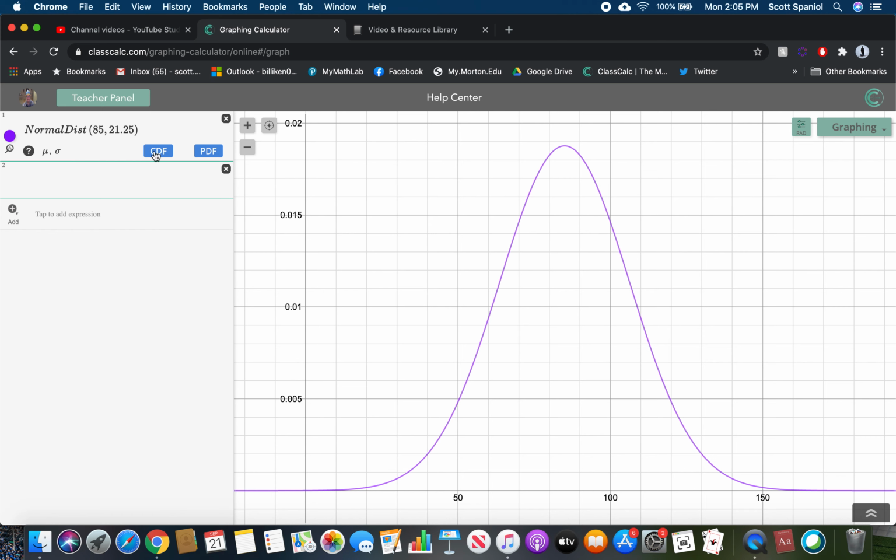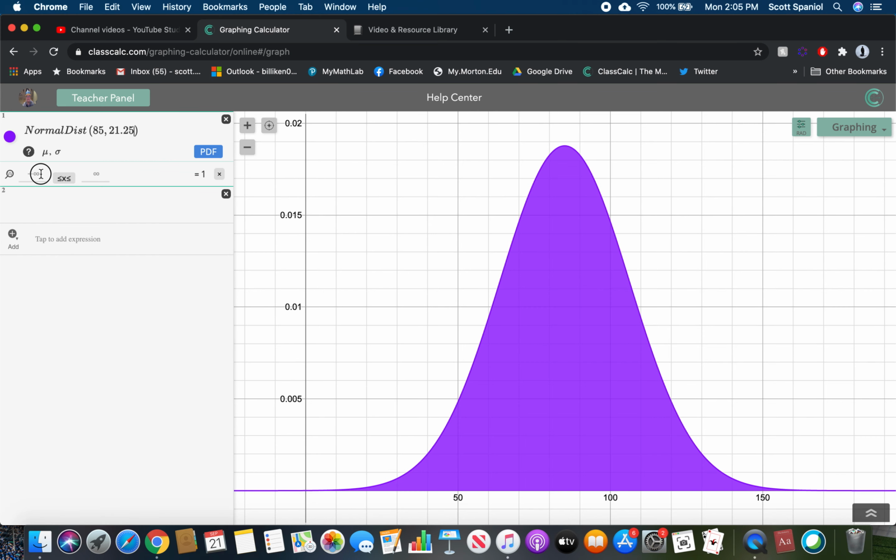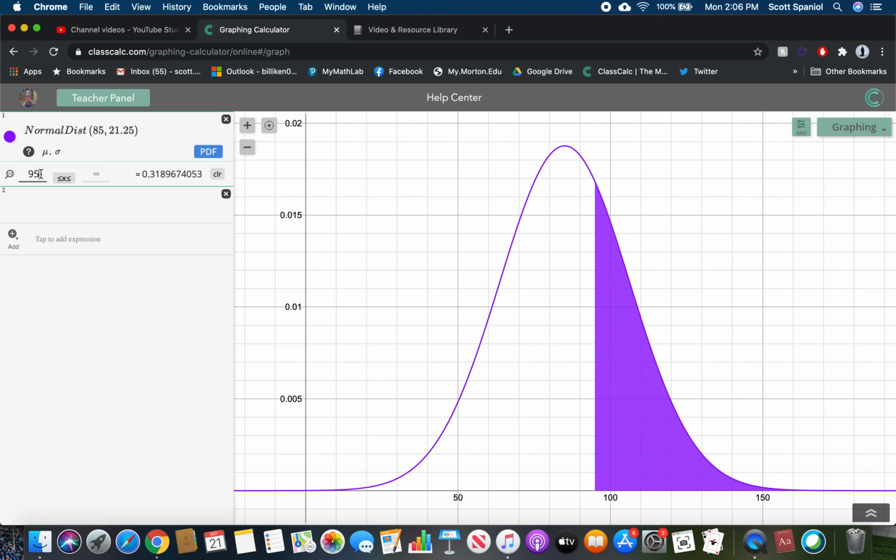Okay. So we can find the probability that a randomly selected one was greater than 95. Right? Is longer than 95 minutes. So we just plug in x is greater than 95, and that's a probability of 0.3190 if we round to 4 decimal places, right? Because this 9 becomes a 10, which makes this 8 into a 9.